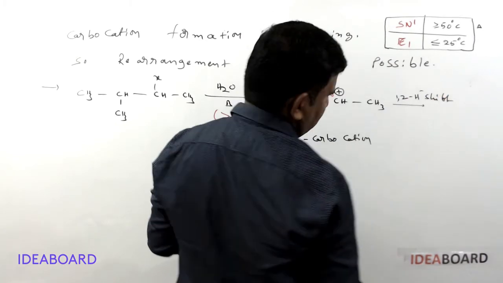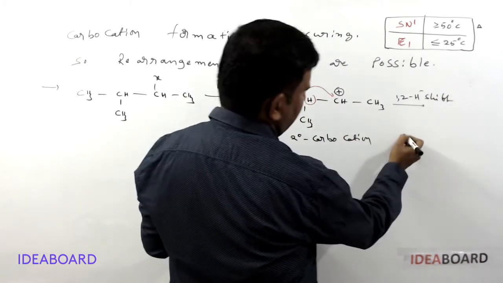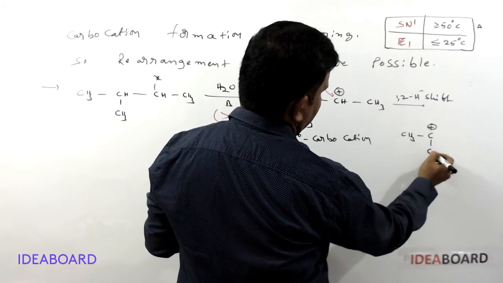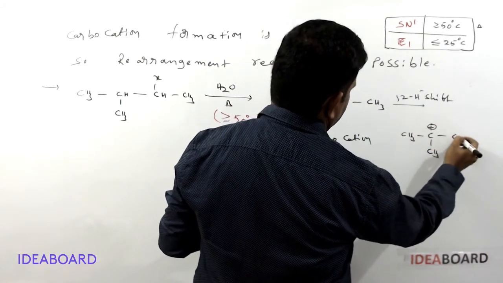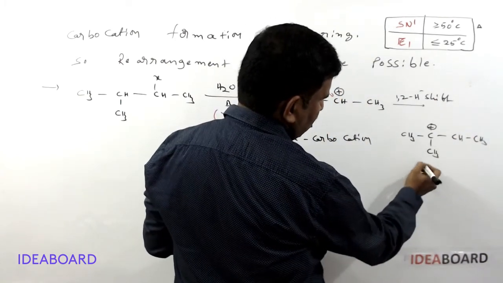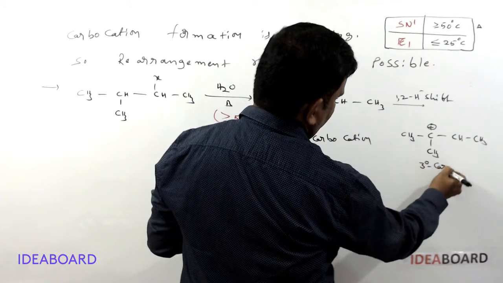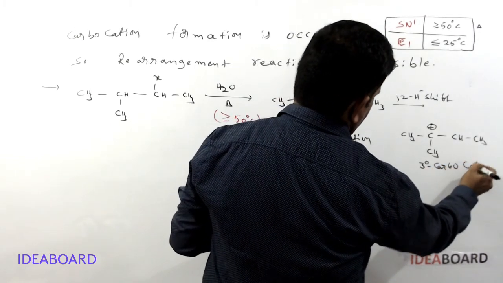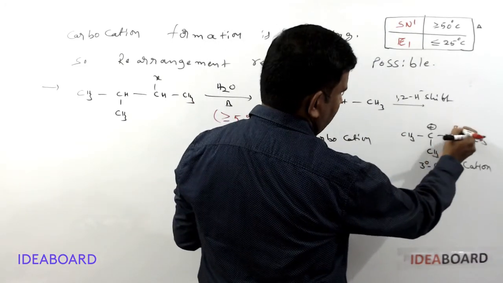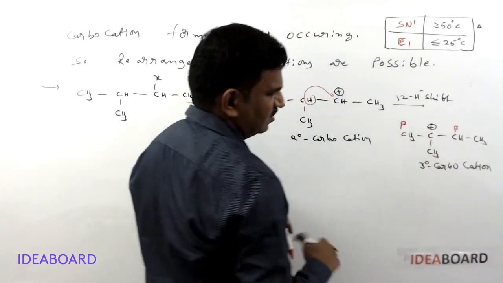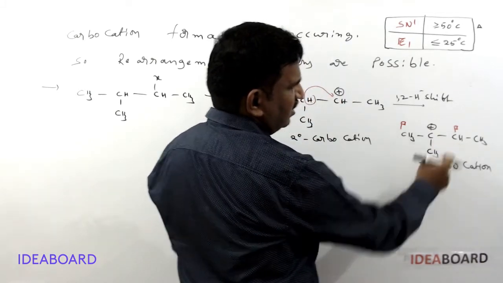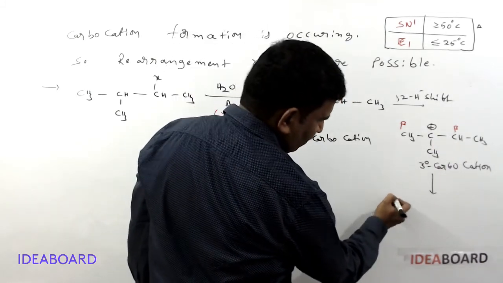By the 1,2 hydride shift, what type of product is formed? CH3, C+, CH3 and CH, CH3, and this is called a tertiary carbocation. Now we have this beta and this beta hydrogen, both the same type, but if you remove this hydrogen atom, that gives the Saytzev product.